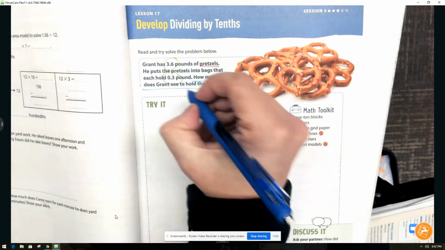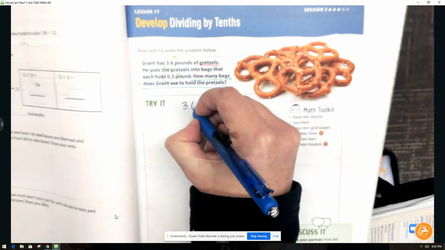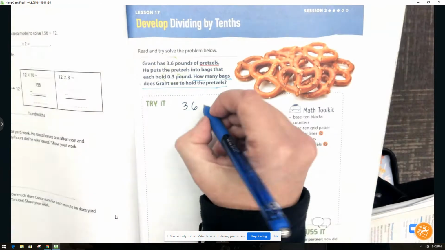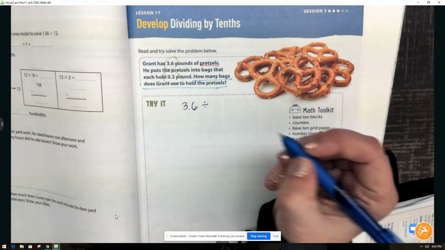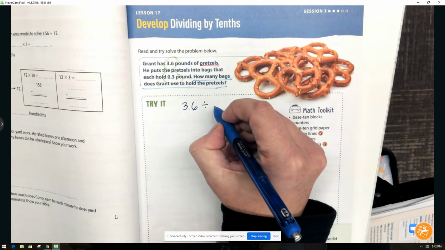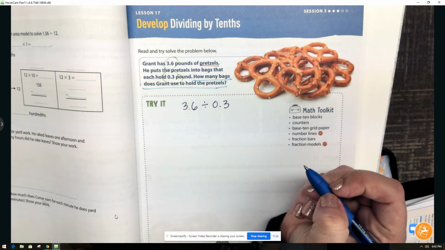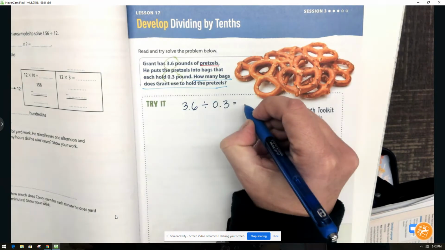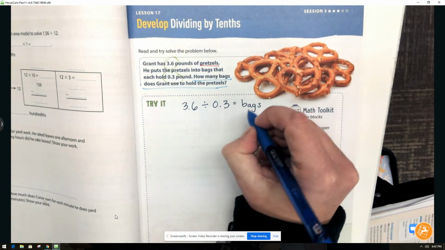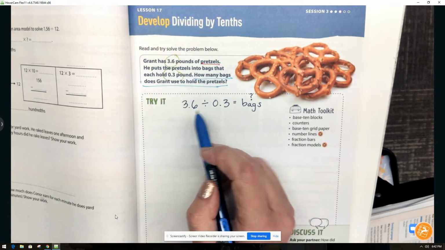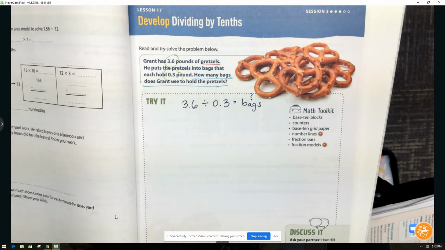We have 3 6/10 pounds of pretzels. This is the total amount that we have. We know that we divide them up into bags, and each bag holds 3/10 of a pound of pretzel. We need to know how many bags that is. How many bags is 3 6/10 divided into 3/10 of a pound bags?